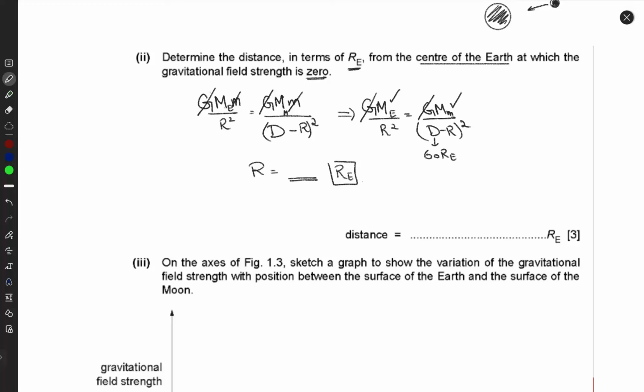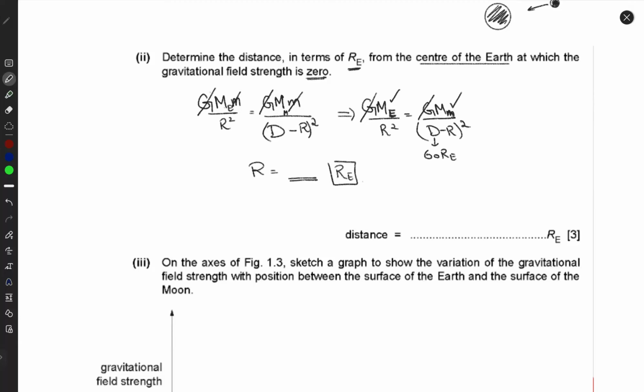Yes, both the capital M's are different. Yes, I've written them with the subscript. This is mass of the Earth, right? And this is mass of the Moon. Because this came from using the force on the Earth, and this came by using the force on the Moon.